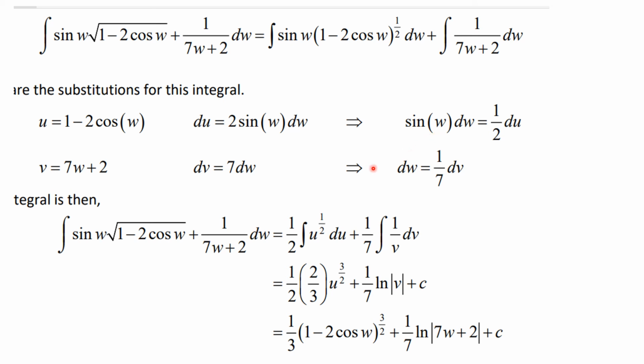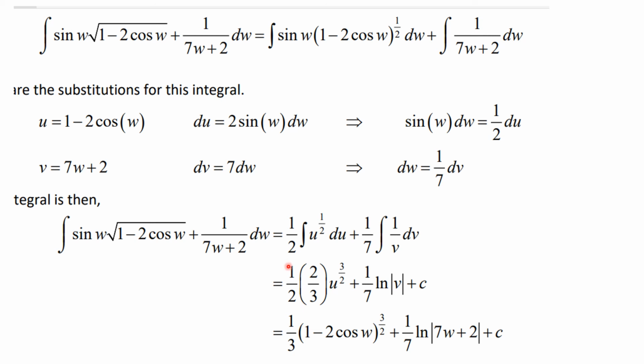And in the second term, we're just going to let v be the denominator, 7w plus 2, and dw is going to be this. So let's make the substitutions. Magic does happen.